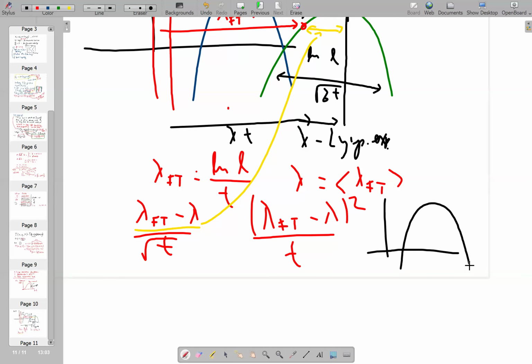Here the horizontal axis is lambda finite time minus lambda divided by square root of t, and the vertical axis is probability. For Gaussian, it would be a parabola, but now the shape is not a parabola. So here, the departure from the parabola, actually, the question is how this end here behaves, how this part here behaves.